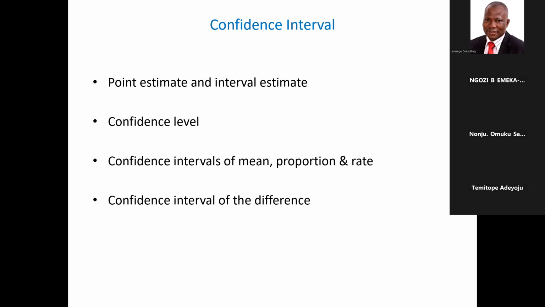And not only that, since different ranges of values give different levels of assurance, for each of the ranges you give, you can attach to it the degree of assurance or confidence you have that this range will capture the real population value, which is the parameter.